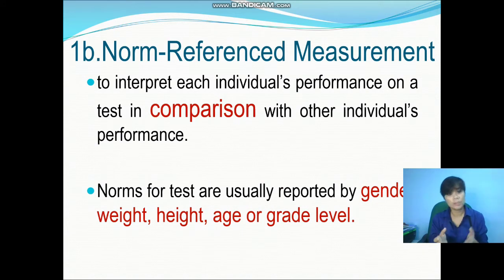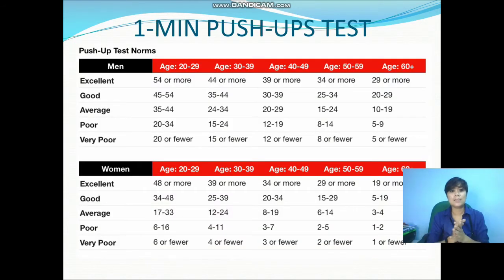Norms are to compare, right? This is a sample of a norm reference for a 1-minute push-up test. A push-up test is to assess the muscular endurance of the upper body. So this is the norm reference for male and female.